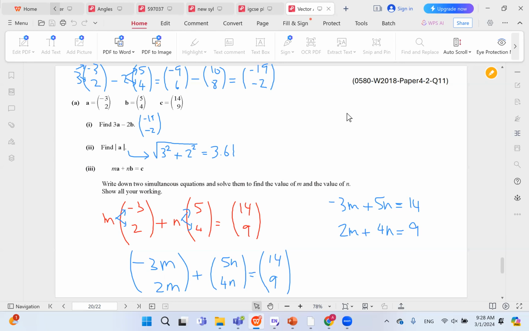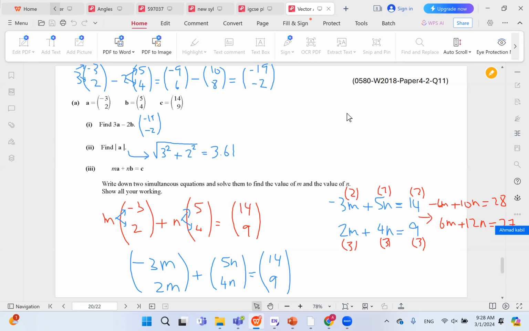So let's, for example, multiply everything here by 2. And let's multiply everything here by 3 so that the coefficients of m become the same. Now we get negative 6m plus 10n equals 28. And we get 6m plus 12n equals 27.